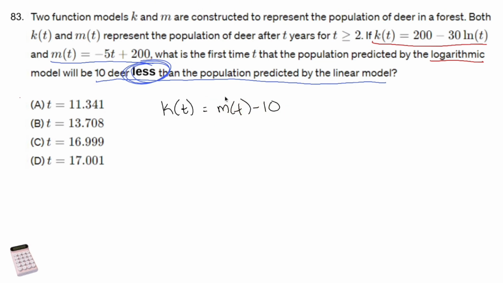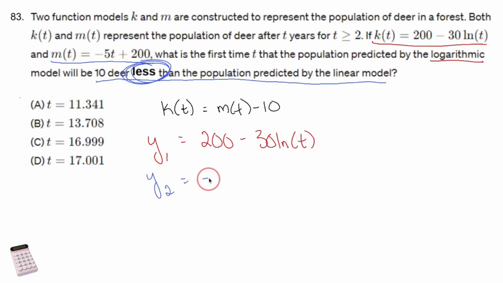Well, this is what I'm going to do. I'm going to run to my calculator, and in my TI-84 Plus, I'm going to type in y sub 1 equals 200 minus 30 ln of t. Pretty simple. In my y sub 2, I care about when this is 10 less than that.